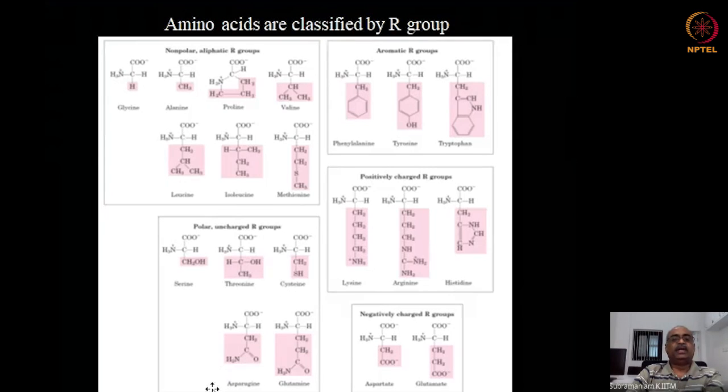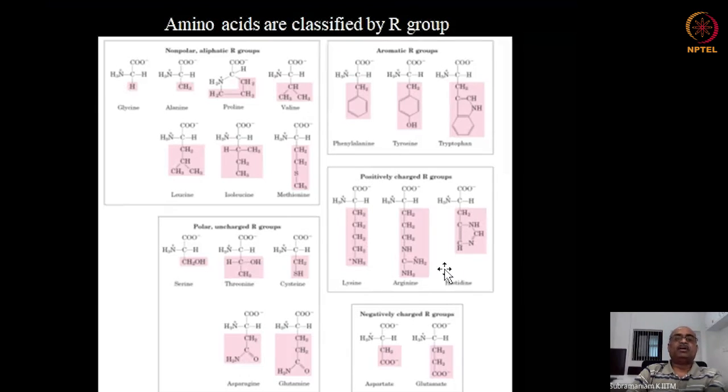Then you can have an amide group instead, CONH2, asparagine, and with one extra carbon, then it becomes glutamine. So these are the amide groups. So either you have an amide group, or hydroxyl group, or you have a thiol group. So these are the polar ones.